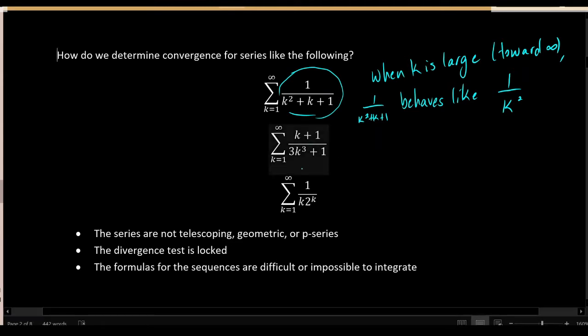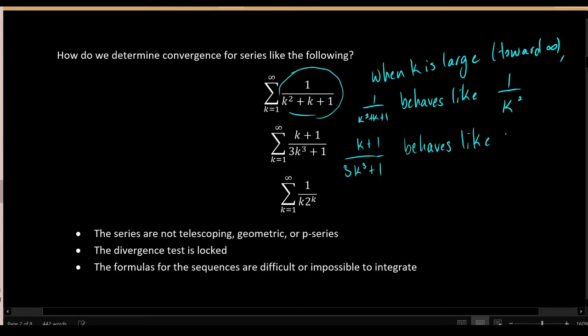Similarly, for the second expression, when k is large and we're looking off toward the right horizon of this series, the right horizon being the part that determines convergence, this behaves like the ratio of its leading terms, k on the top, 3k cubed on the bottom, which is simply 1 over 3k squared.